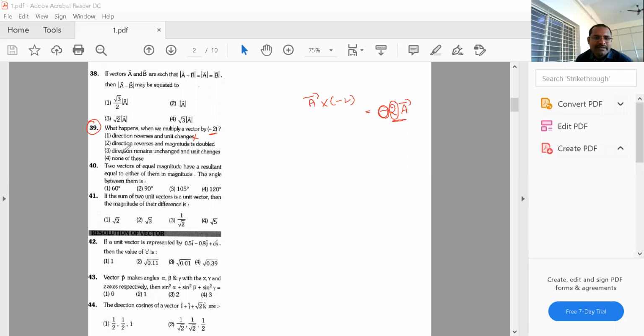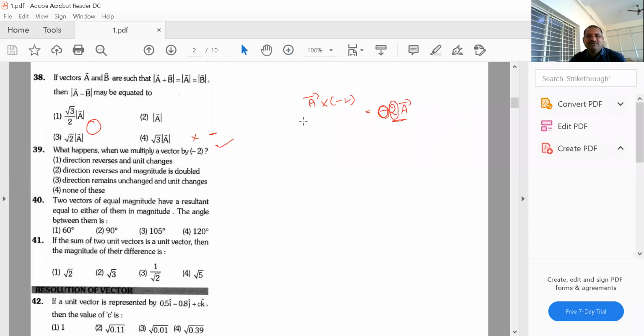Wrong. Direction reverse and magnitude is double. Yes, this is the right answer. Direction is reverse and magnitude is double. Clear? Got it? I hope you are understanding what I am doing. So the answer is: direction reverse and magnitude is double.